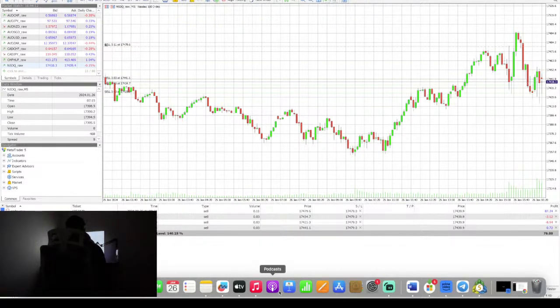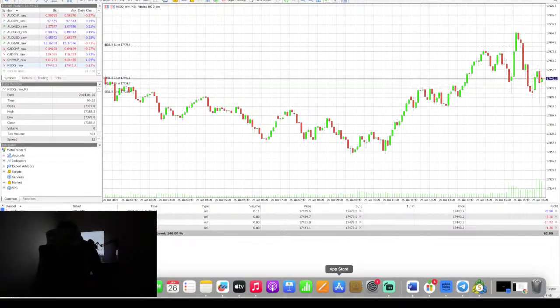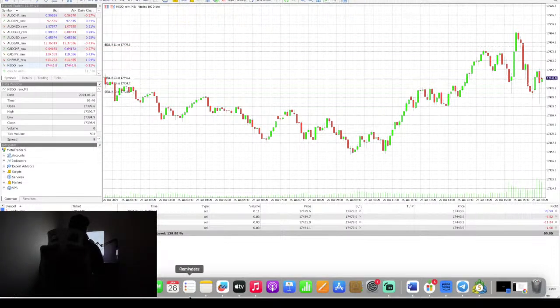Main thing is you have to keep orders in place, because it will not be possible to manually close the trades at the right time, right? That's why I have previously written all the stop losses.